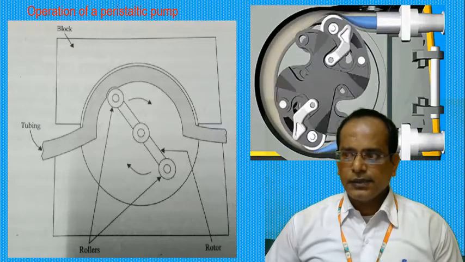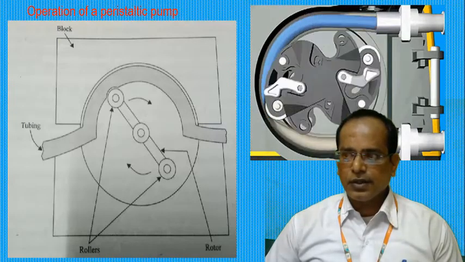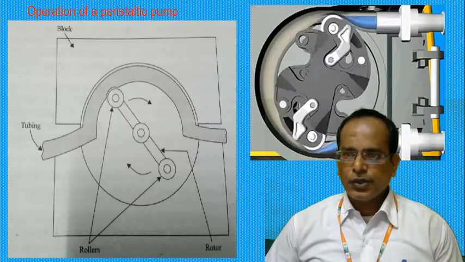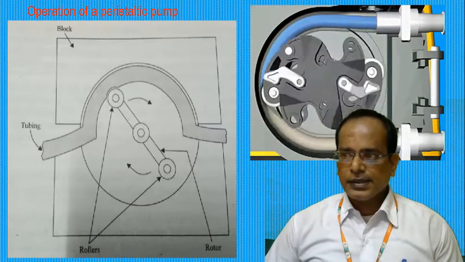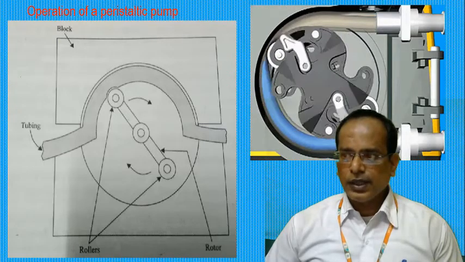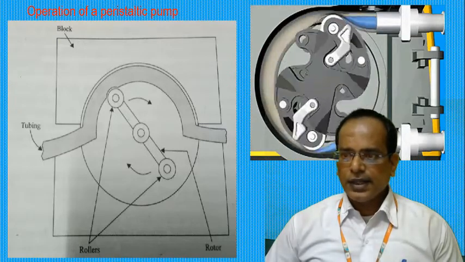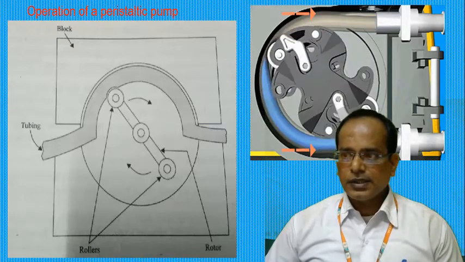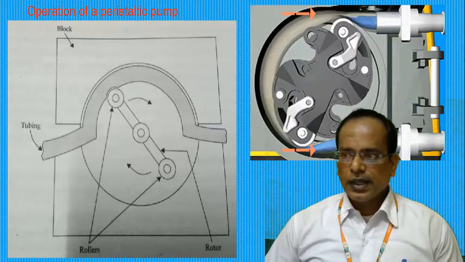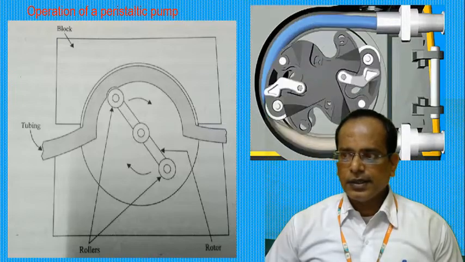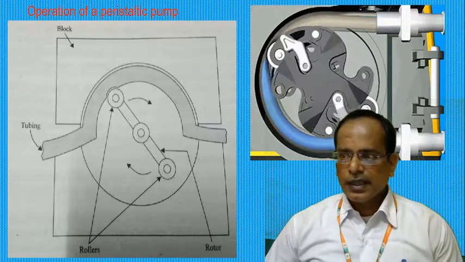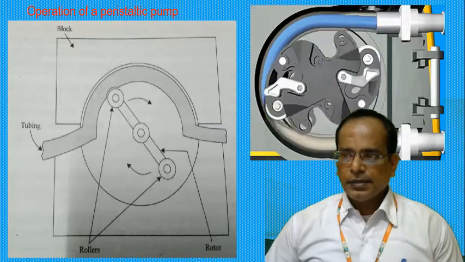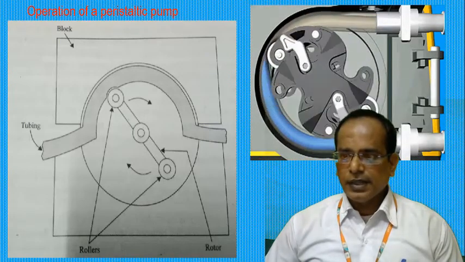In this case, the fluid, which is blood, passes through plastic tubing, and the nylon roller on the end of the rotor arms gently pushes the fluid towards the filter or towards the tube. This is a single rotor design, but multi-rotor types are also available.